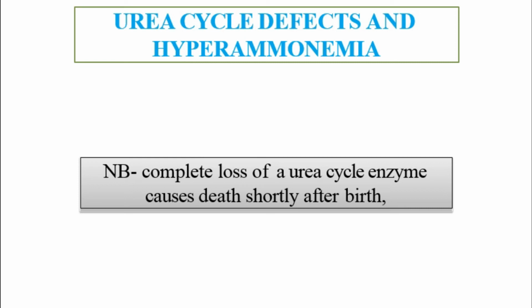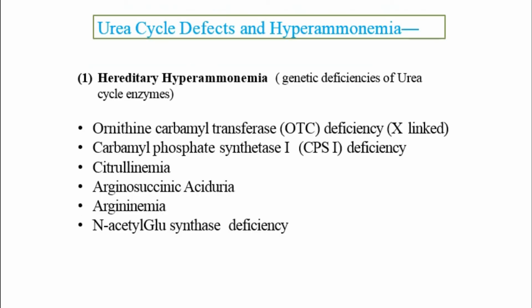So what kind of defects can happen? See here, number one, hereditary hyperammonemia. Patients are born with deficiencies of urea cycle enzymes. The enzymes, as you can see here, can lead to certain defects, may lead to hyperammonemia.